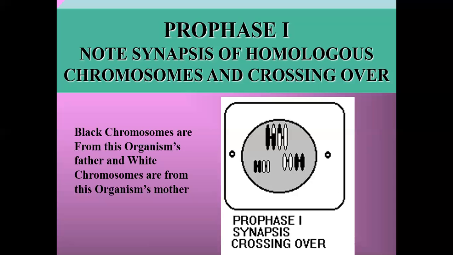Now, one important thing you want to note here in prophase 1, besides synapsis, the coming together of homologous or similar chromosomes, is that when they're stuck together like that, they can actually exchange pieces. And if you look at that first chromosome on top, you see a little piece of white and black have exchanged places. That process is going to lead to diversity and one of the reasons why all the sperm are going to be different.